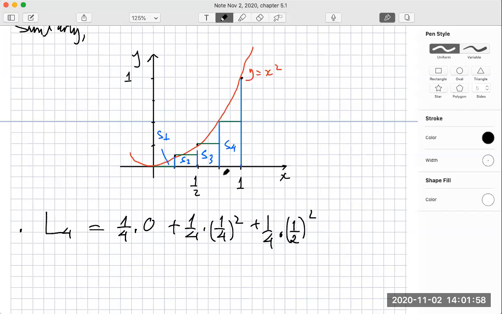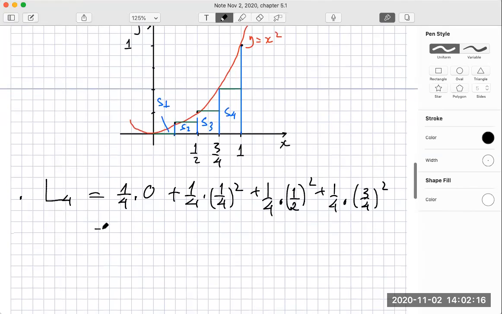And the last rectangle is 1/4 multiplied with this height. This is 3/4, which is 3/4 squared, right? The same story. But then we do this computation.